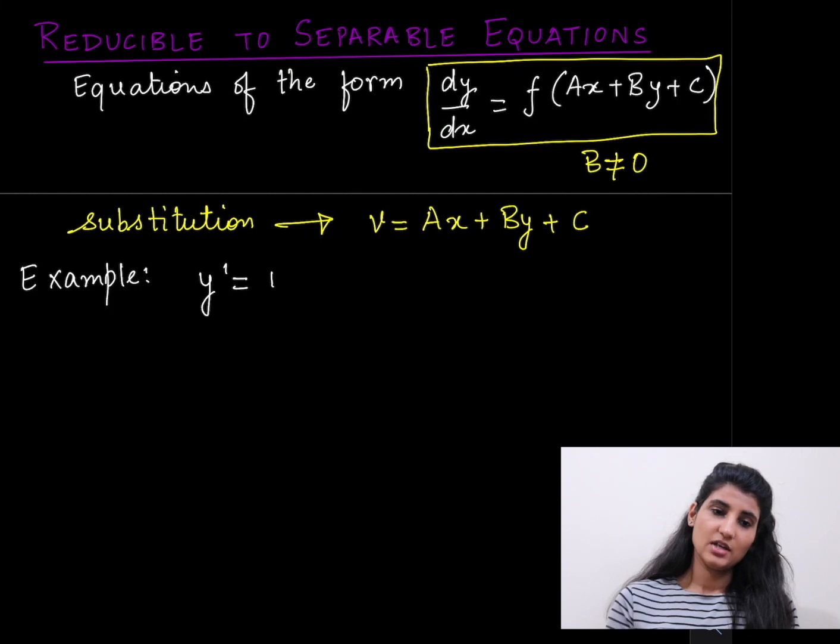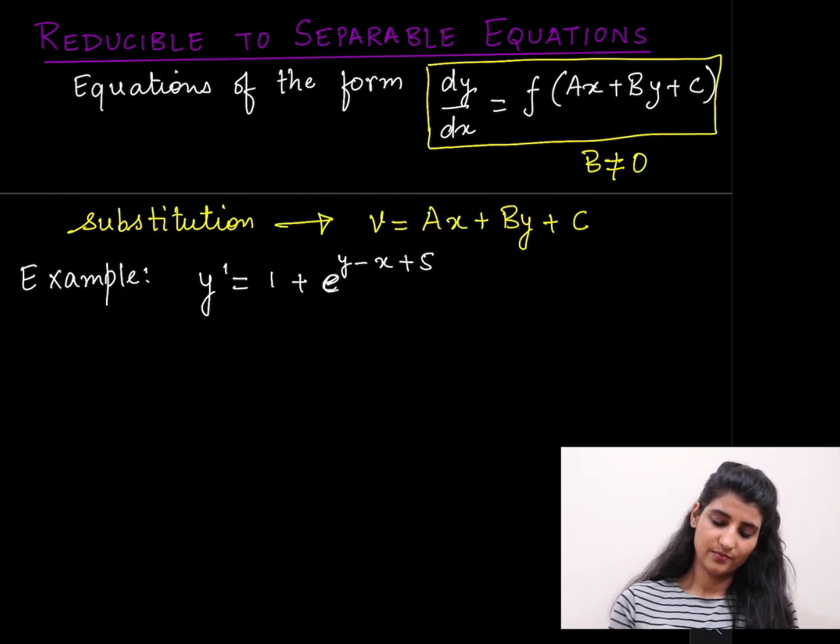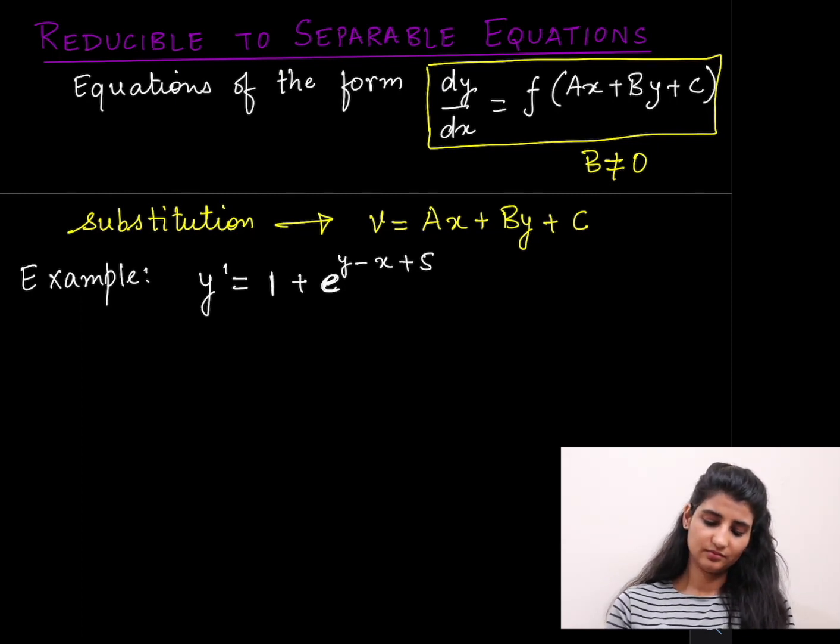y prime equal to 1 plus e power y minus x plus 5. Okay, let's see how we can solve this equation. So we will substitute v equals y minus x plus 5.